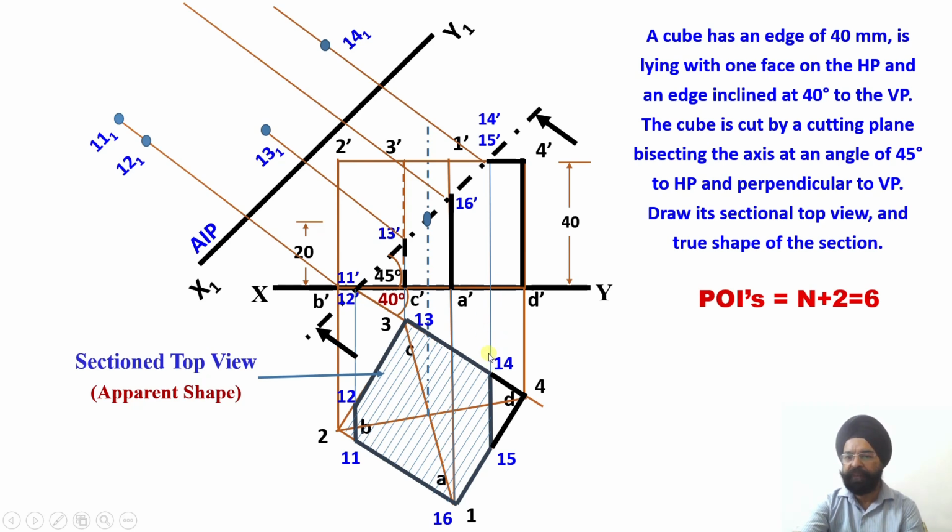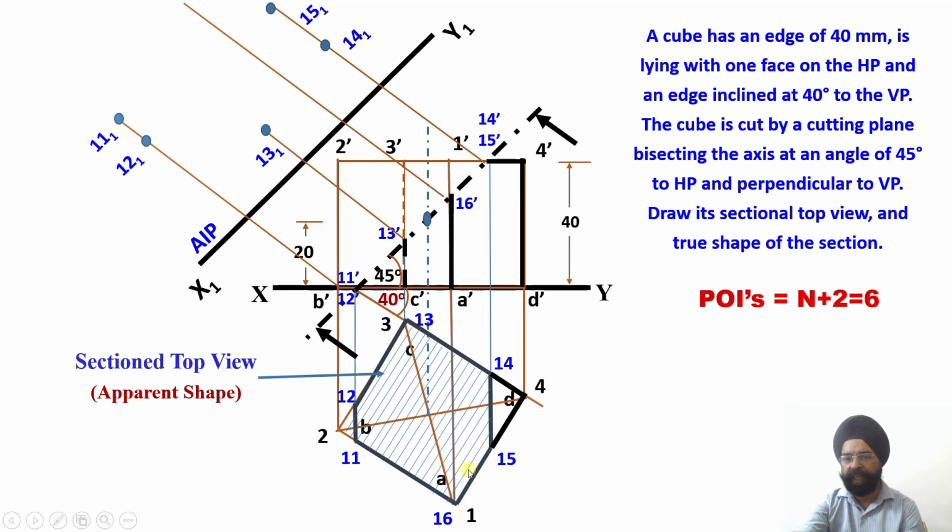The distance of POI 14 in plan as observed from the XY reference line is this. So I have transferred this distance onto the locus line, which is emerging from 14 dash. Similarly 15. So the distance of 15 is slightly larger than this. It lies on the same locus line. So 15 dash also lies on the same locus line.